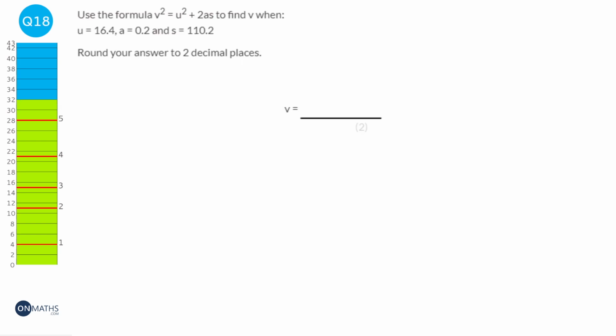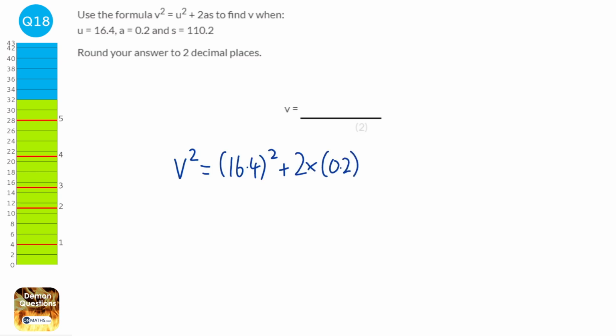So we're just going to substitute the values that were given into the formula. So v squared equals, and then u is 16.4 squared plus 2 times a, which is 0.2, times s, which is 110.2.